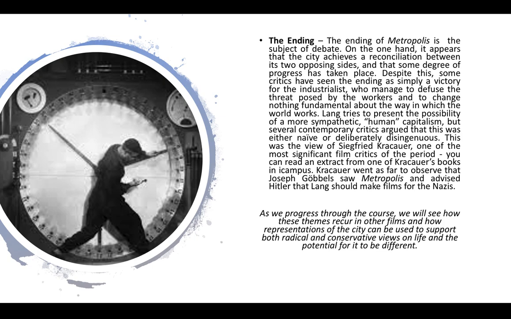Something that we will return to is not just the idea that films represent class through their representation of the city, which is something that happens in Metropolis, obviously, and will happen in pretty much all the other films that we'll look at, but also the idea that the representation of class itself does something specific for the way in which people are encouraged to think about the possibilities of life and how life may or may not be able to be different.